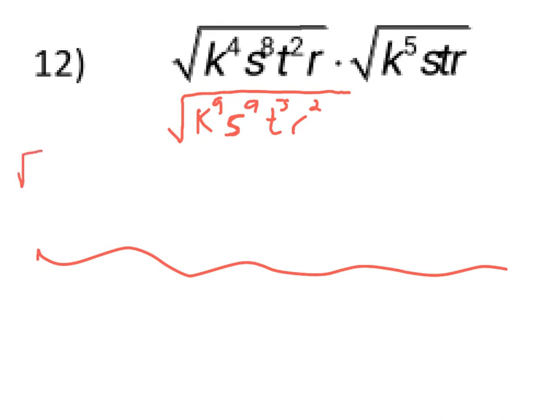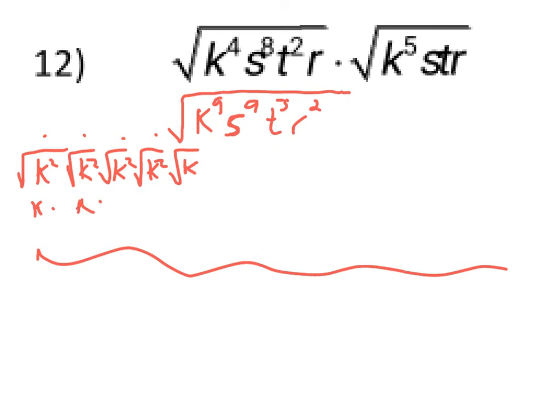You'd start by saying, all right, here come the k's. This is k squared, k squared, k squared, k squared, that's 8, k single. So that makes 9 k's. We got them in groups of 2. Each of these guys will end up breaking free, just being single k's. Very hard to write a k.